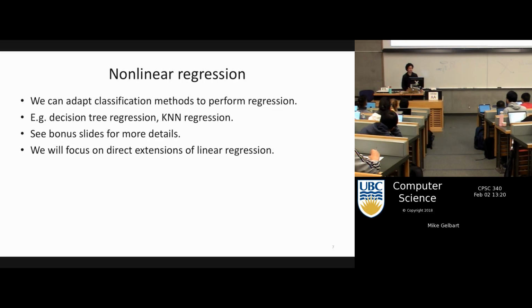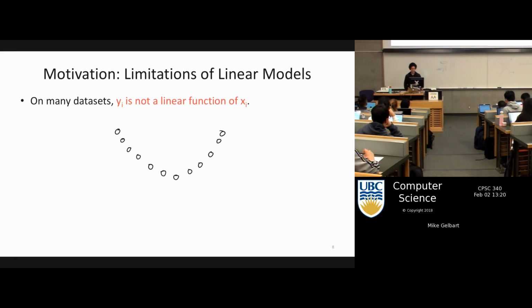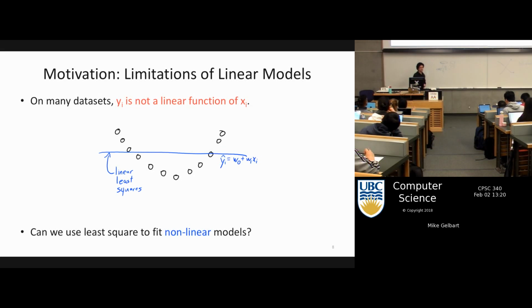So instead, what we're going to do today is focus on a different way of getting nonlinear regression, which is building on linear regression and messing with it to make it nonlinear. So let me not spend too much of our valuable time convincing you that there are nonlinear things out there in the world.